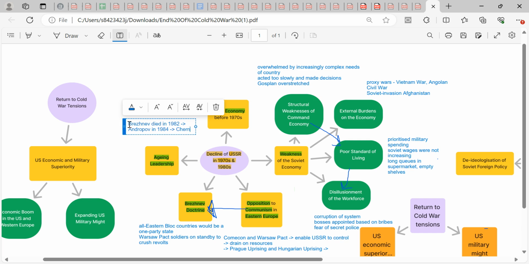Same goes for the Soviet Union with the diminishing numbers for their leaders. These are their names. You just need to remember a few, and it does pave the way for the rise of Gorbachev. In fact, Andropov was quite a big supporter of Gorbachev.